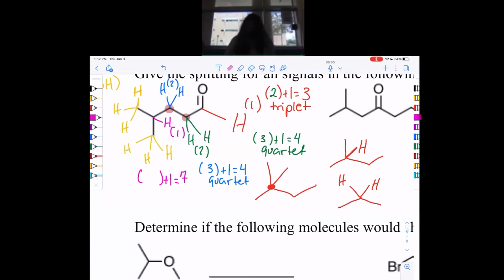I said 6, but I meant 8. We have 6 here plus the 2 blue ones, so that's 8. Yes, you guys are totally right. I apologize. I was thinking the right thing and I wrote the wrong thing. So we have 8, and so in total, that would be 9. And that would be a nonet, aka a multiplet.